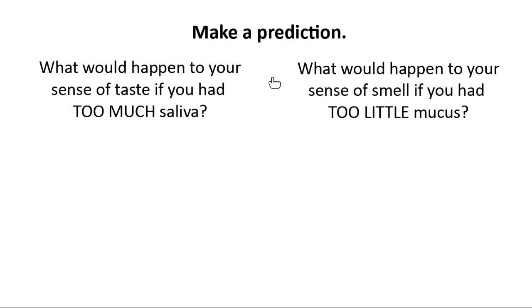How do they work? What's going on with chemical senses? Okay, perfect. The first most basic thing that we got to know about chemical senses is that chemical senses detect chemicals.